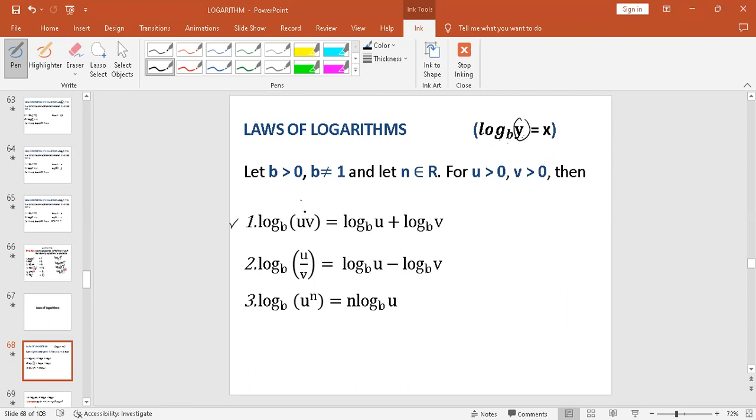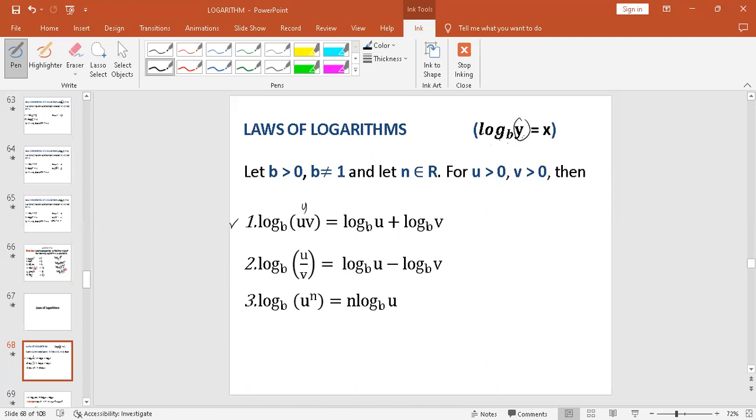Okay, siya yung y. But why is it that there are 2 variables there? Merong u, merong v. Okay, this is just to indicate that there are 2 values of y. 2 different values of y. Okay? So, ini-indicate lang dito, class, na merong dalawang magkaibang values ng y. Okay? So, we have log of uv to the base b.